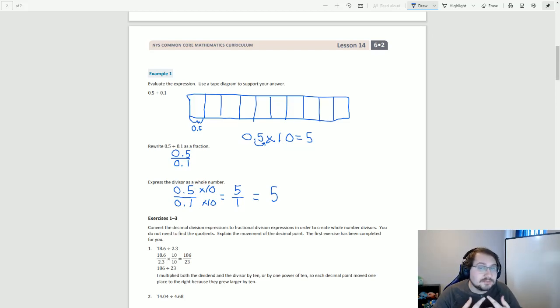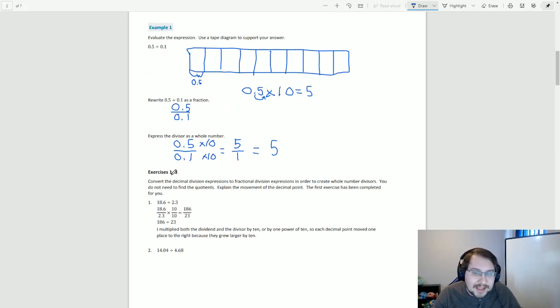So when it comes to dividing a decimal by another decimal, what we like to do is make it so we don't have a decimal in the first place. So for example, if we go on to exercise 1, the entire bunch of exercises 1 through 3 says, convert the decimal division expressions to fractional division expressions in order to create whole number divisors.